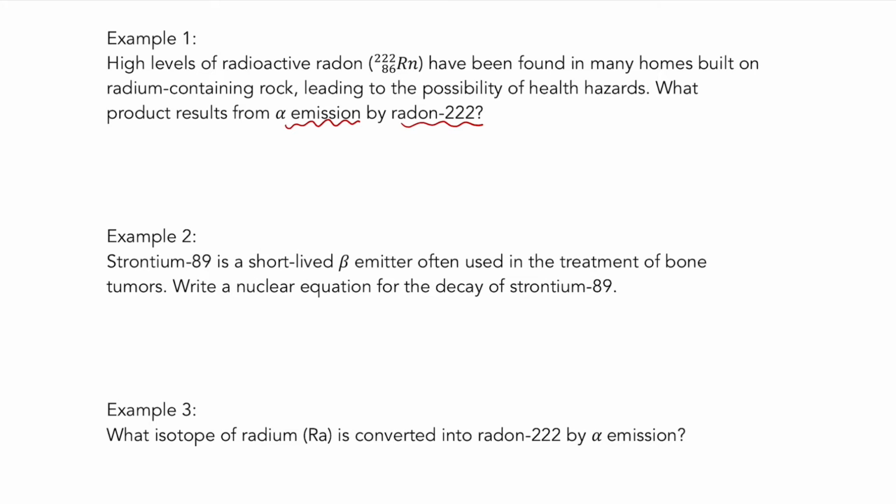Okay, so there's some story here that doesn't really matter, but the main point is writing an equation. What is the product that results from alpha emission by radon-222? So radon-222 is my starting particle.